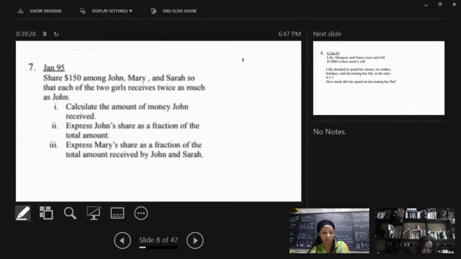Oh wait, Miss says that each of them gets twice as much as John. So the ratio has to add up to more than how much John has, Miss. So, okay, 5 to 4 to 4.